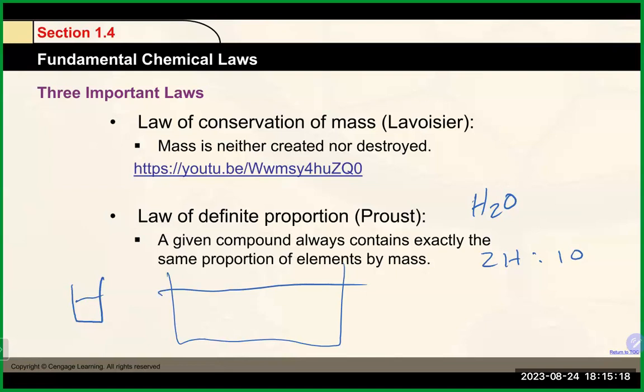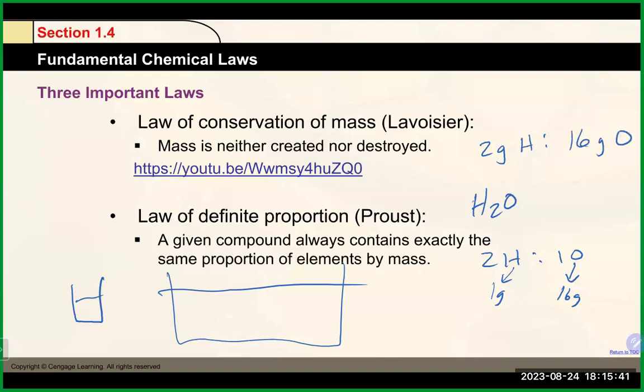Because, for example, the mass of hydrogen is about 1 gram, just to round a little bit, 1.008, and the mass of oxygen is about 16 grams, that basically means that for every water that you have, you have 2 grams of hydrogen for every 16 grams of oxygen.